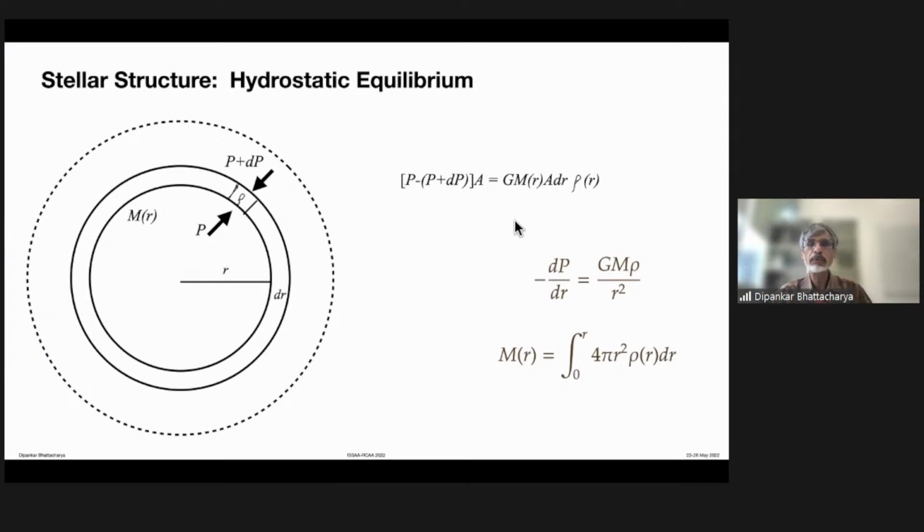Basically G M1 M2. And this must be balanced by an outward force, which is P times A minus (P plus dP) times A.